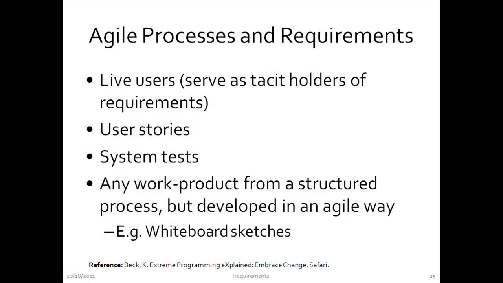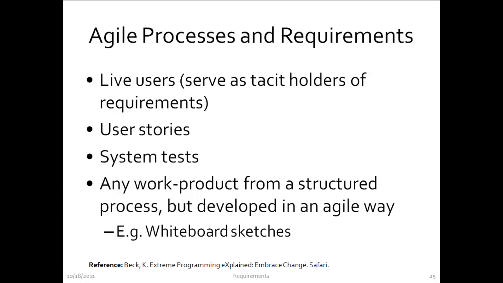So when it comes to Agile requirements capture, here are the work products. The first work product, it might seem strange to call this a work product, is the customer himself or herself.